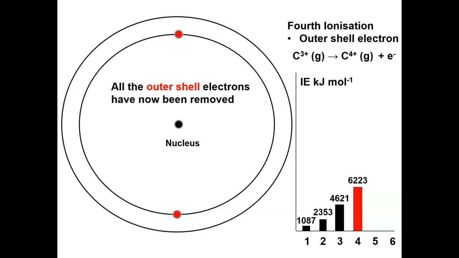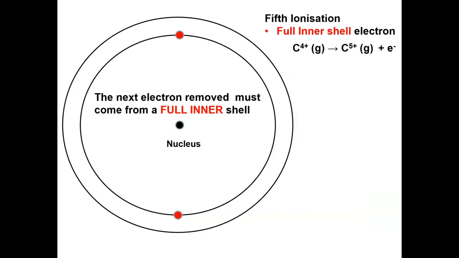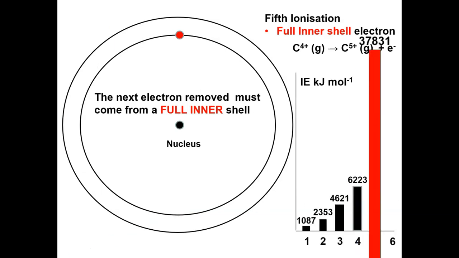Unsurprisingly then, the next ionization will be very significant. And let's knock the 5th electron off, this time from the full innermost shell closest to the nucleus, with the same 6 protons hanging on to them. There it goes. And what are we going to get? Oh my goodness.